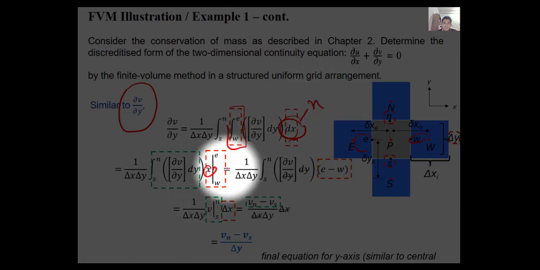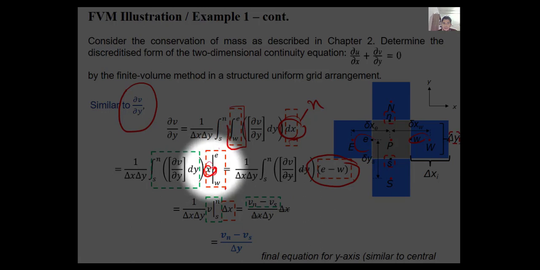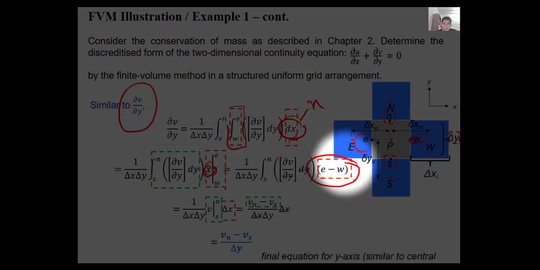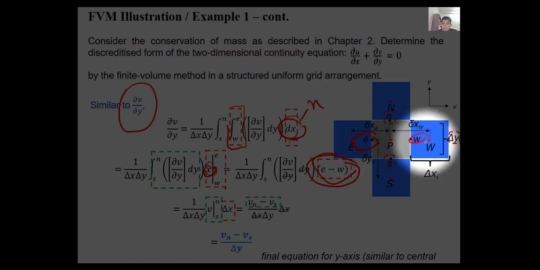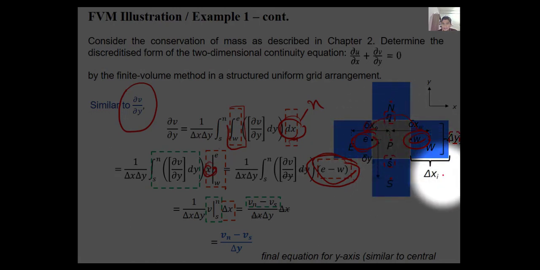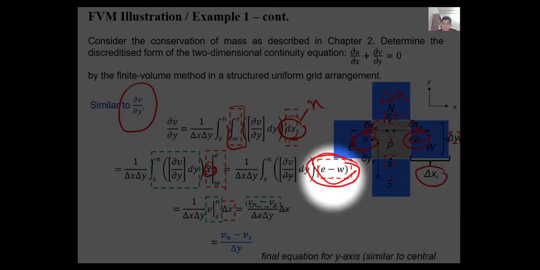Then east and west, exactly the same, you replace east and west. It's just algebra. East and west is actually from here to here. So this one is delta x. So you just put delta x here.